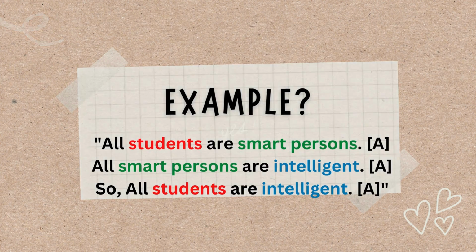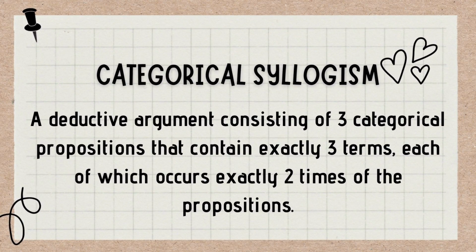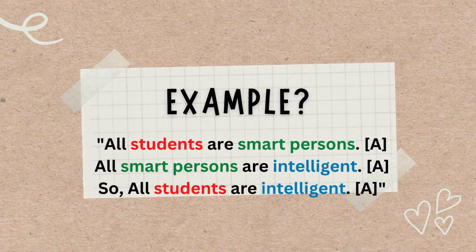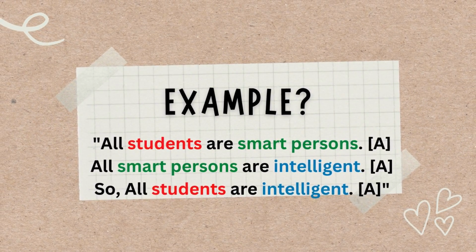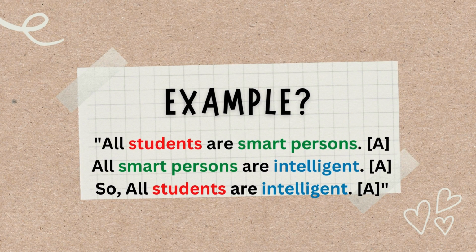When it comes to a categorical syllogism, it is a deductive argument consisting of three categorical propositions. As you can see, premise one is a proposition of type A. What is type A? Universal affirmative. It has "all", the subject "students", "are", and the predicate "smart persons".